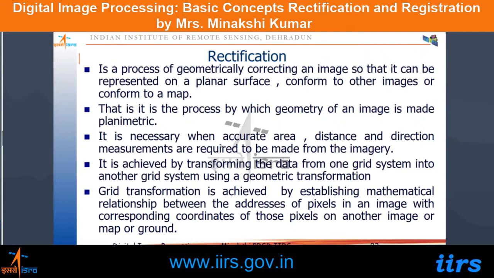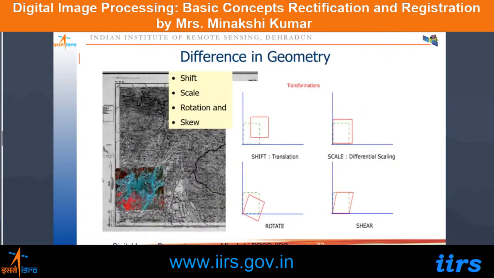Now, these are two different grids. The image grid is in terms of rows and columns: pixel values, pixel addresses in rows and columns. Your map, your topo sheet, is in a certain projection system, northing, eastings, or latitude, longitudes.